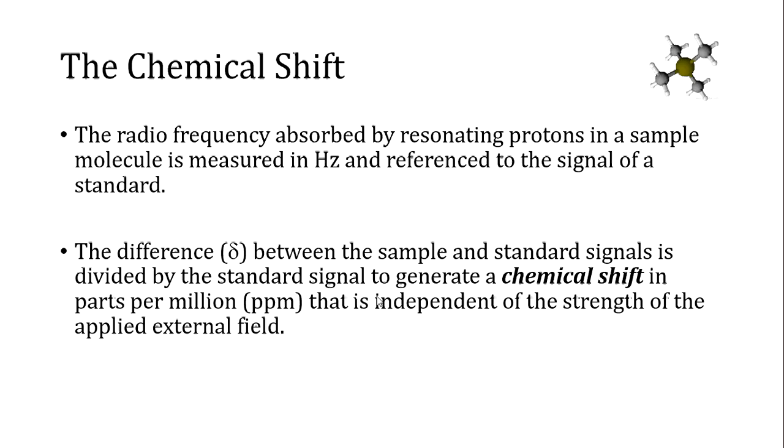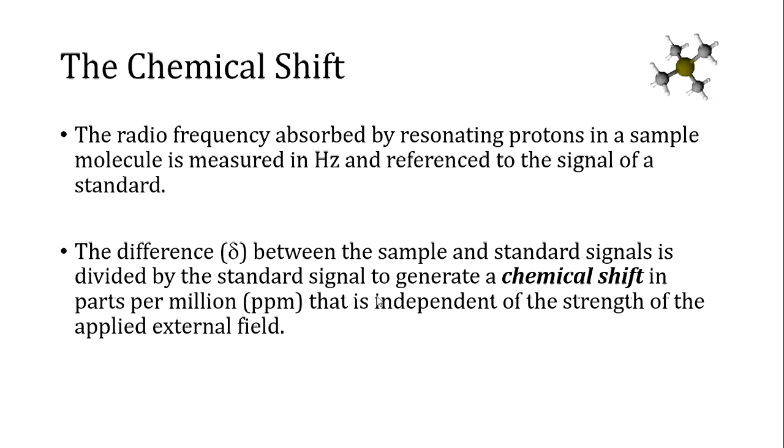As I mentioned in the previous video about how NMR spectroscopy works, the chemical shift is related to the radio frequency absorbed by resonating protons in a sample. The difference between the sample and the standard, which is usually represented by the lowercase Greek letter delta, is called the chemical shift. It's represented in parts per million to generate a chemical shift that's independent of the strength of the applied external field.